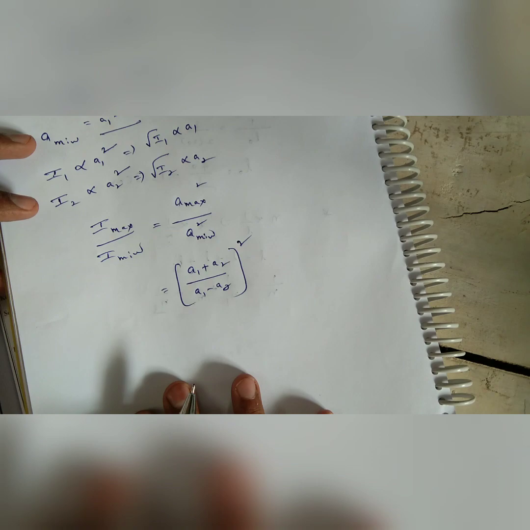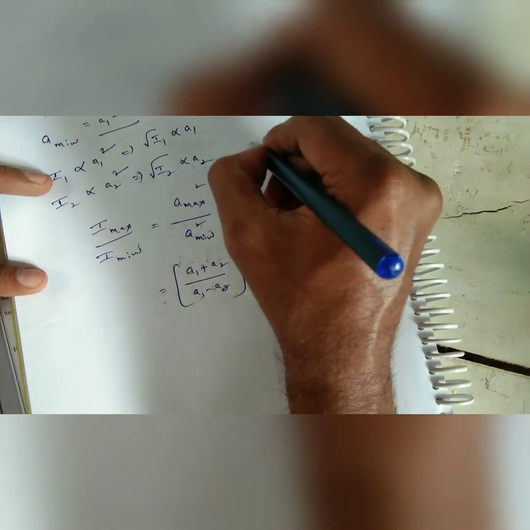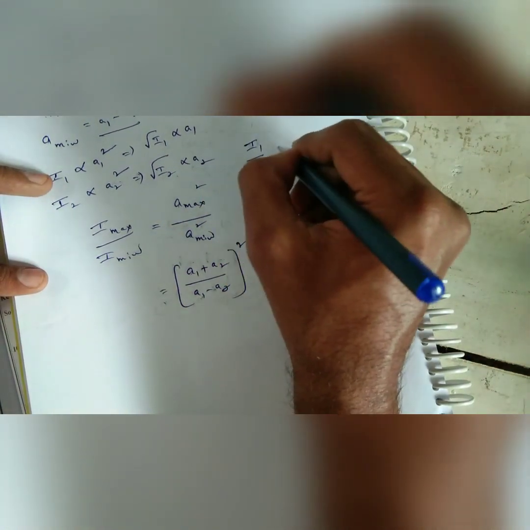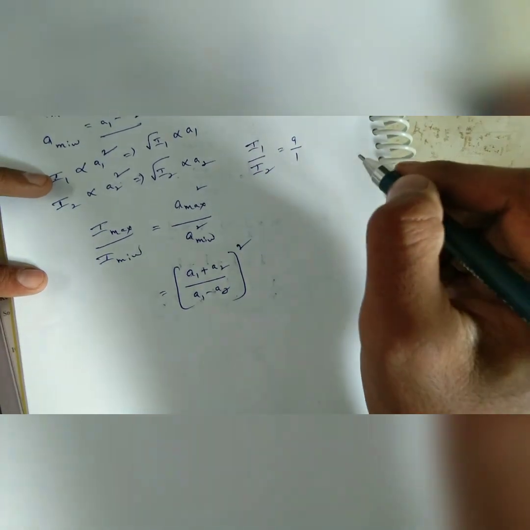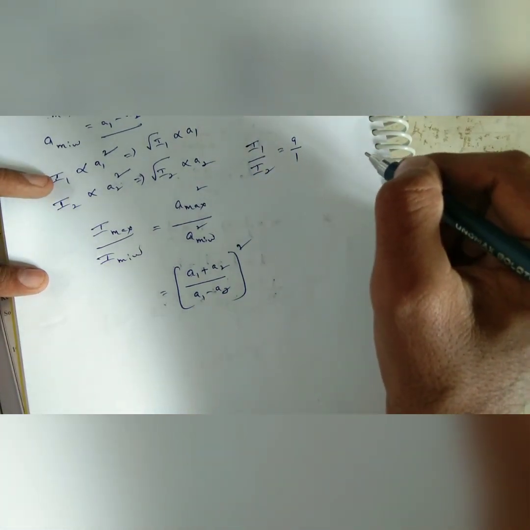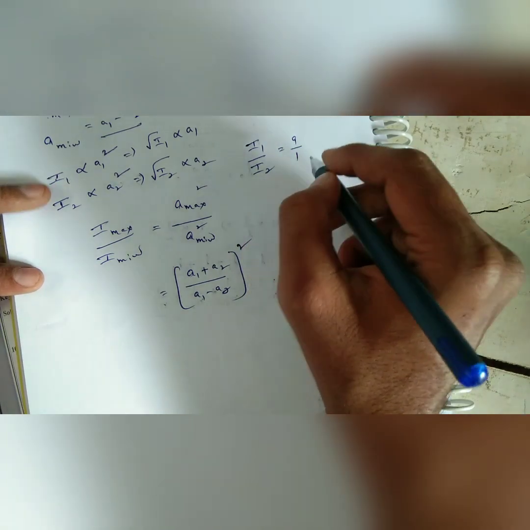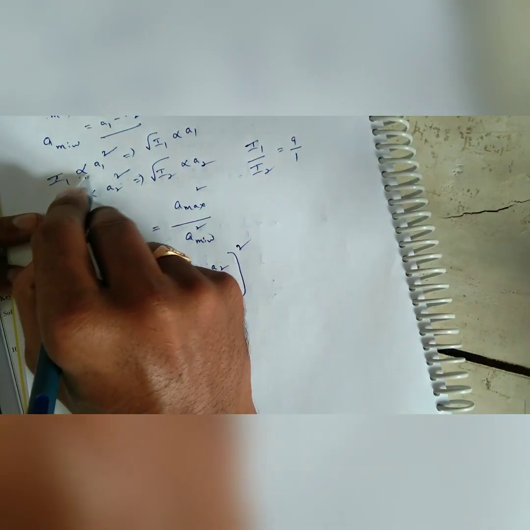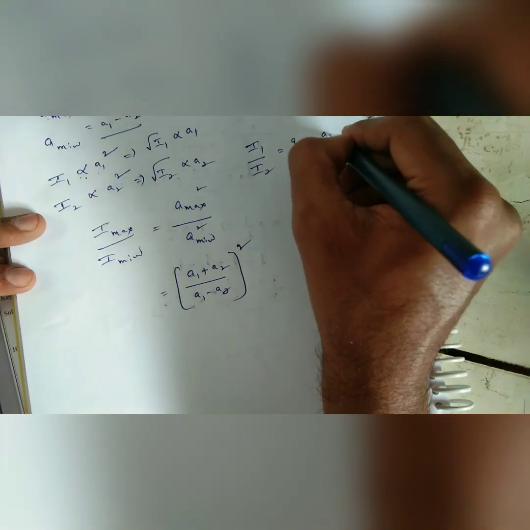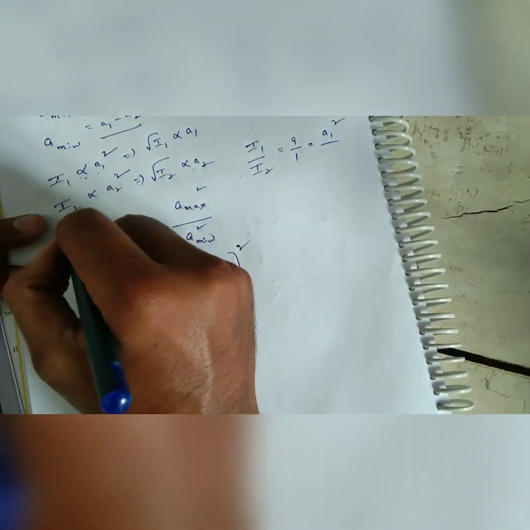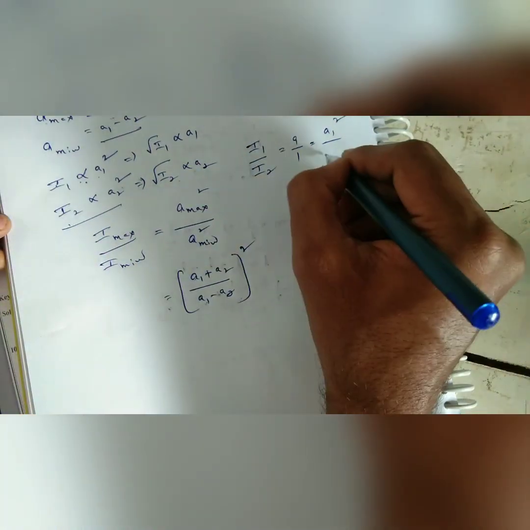Okay, so now two waves having intensity ratio is given. I1 by I2 is equal to 9 by 1. These values are given, so with that we are calculating the amplitudes. I1 is proportional to A1 square, I2 is proportional to A2 square.